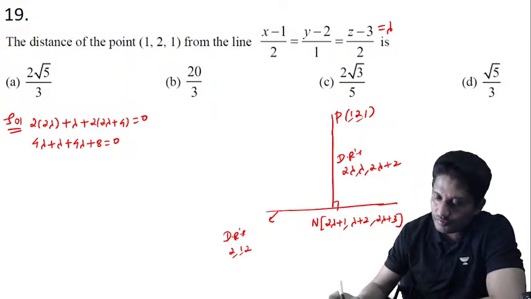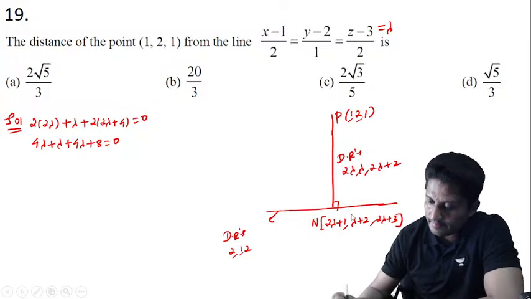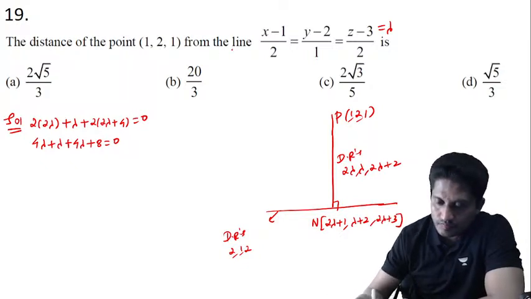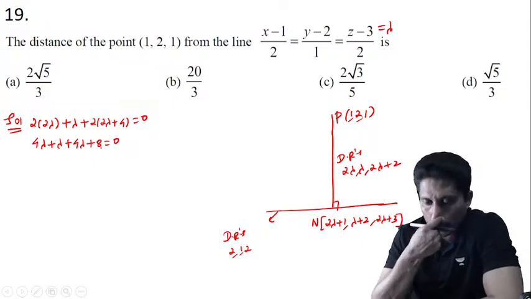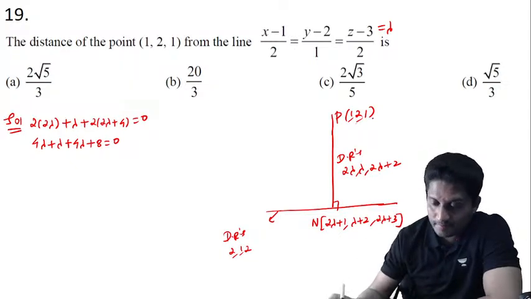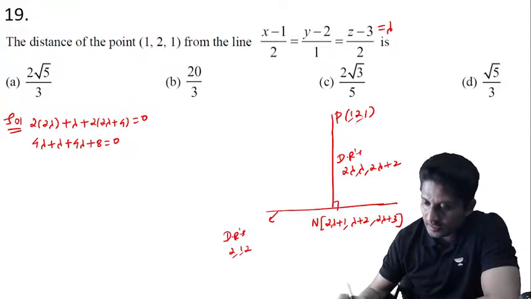Distance of the point 1, 2, 1 from the line. Right, so this is 4 lambda plus 4 lambda plus 8 only, right? If I take this as lambda, this is 2 lambda plus 1, lambda plus 2, 2 lambda plus 3. drs of this is 2, 1, 2.